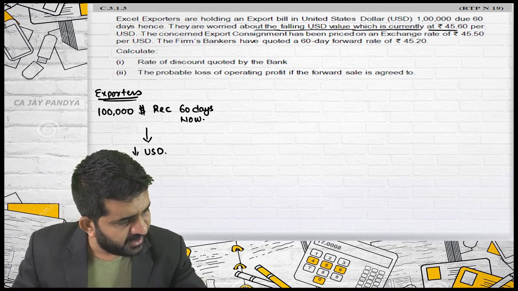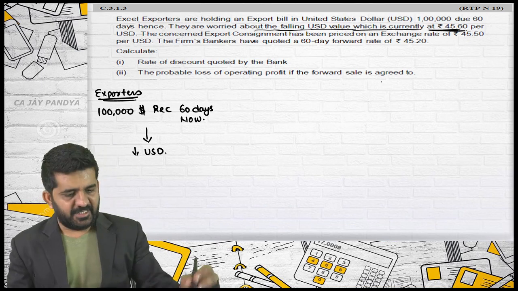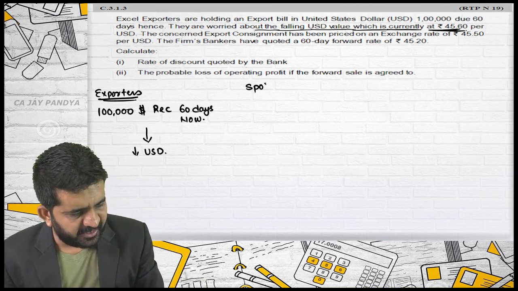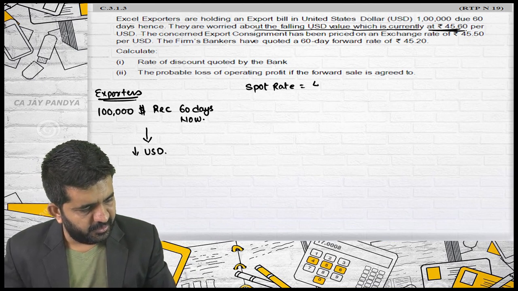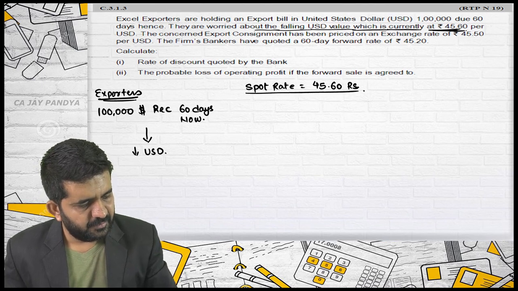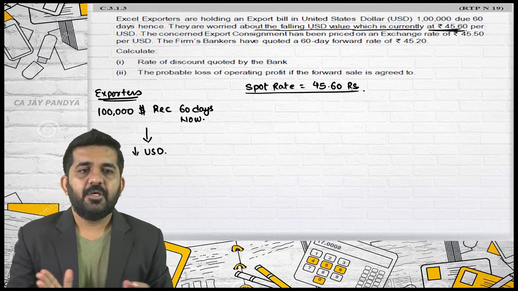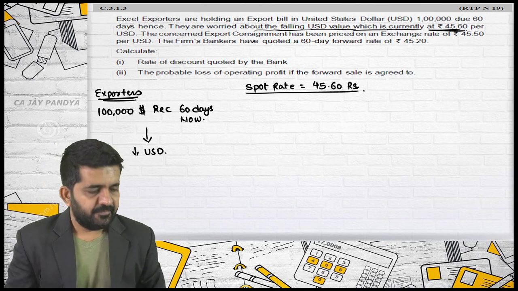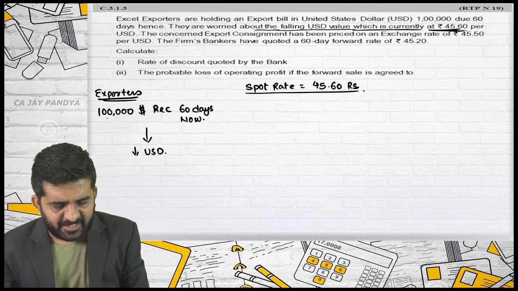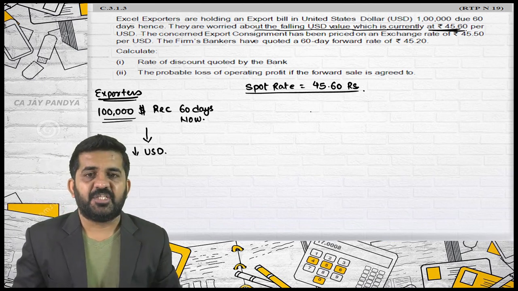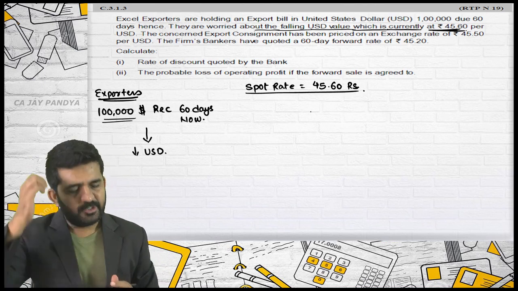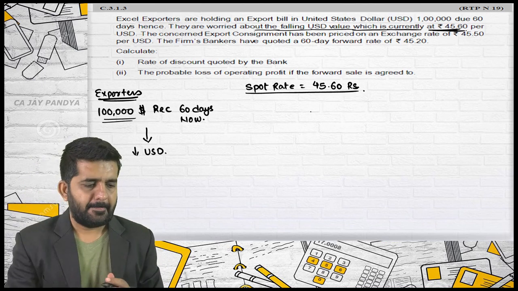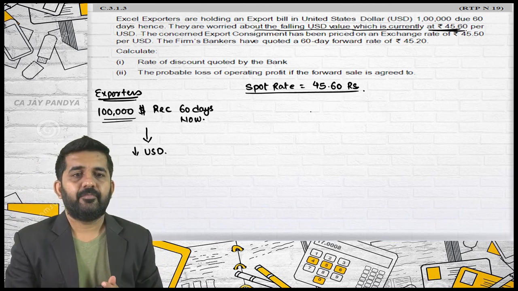Which is currently at 45.60. So what is the spot rate? 45.60 rupees. My question is, will they be getting 1 lakh dollar at 45.60 rupees? Stuti. Yes, sir.